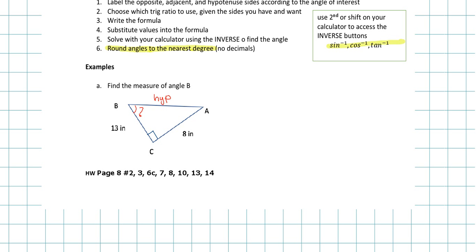And then according to angle B, where is my adjacent? Excellent. So the two sides that I know are the adjacent and the opposite, right? So which formula has both adjacent and opposite? Tangent.